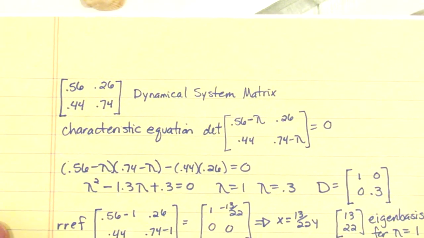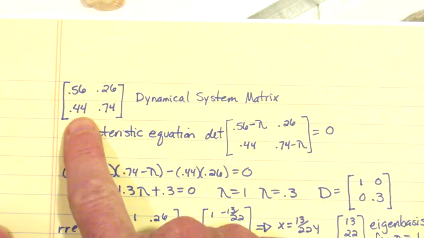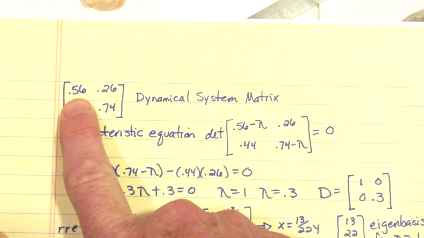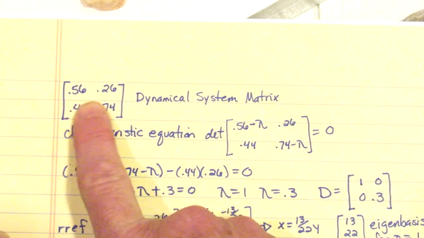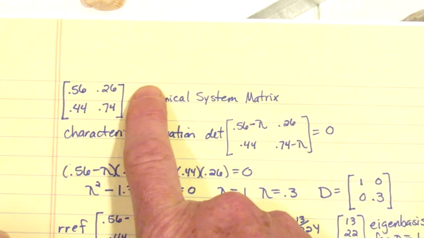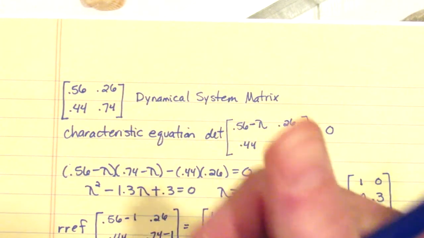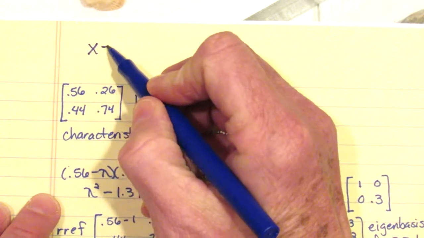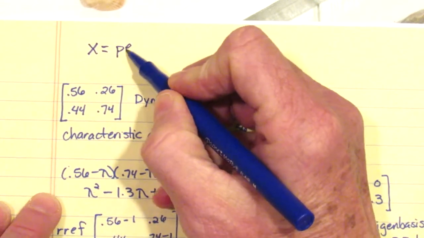So our dynamical system matrix is 0.56 for 56% of the people still play if they were currently playing, and 26% who did not play take up playing. So we're going to have X, the first variable, be people who play.